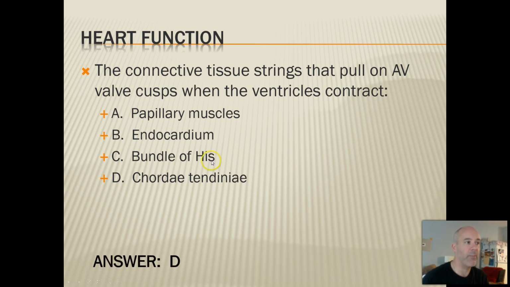Answer D. Remember, these are connected to the papillary muscles. The papillary muscles contract, they pull on the chordae tendineae, and those chordae tendineae are attached to the cusps of the valves, and they pull those cusps shut. So when the ventricles contract, you close off the opening between the atrium and the ventricle.